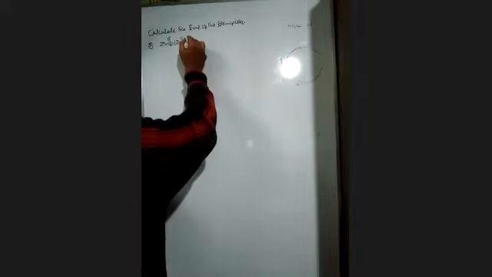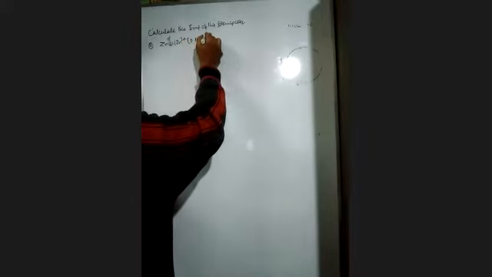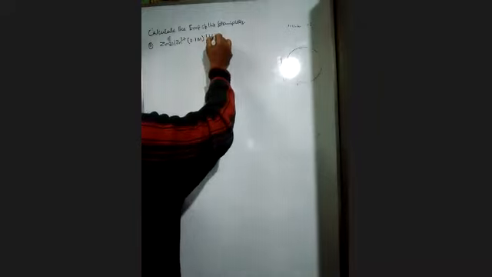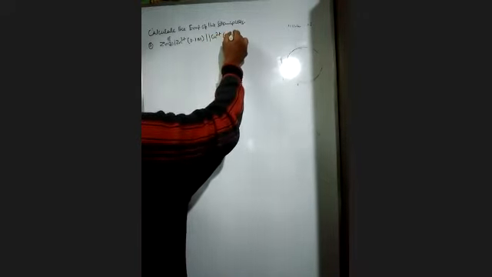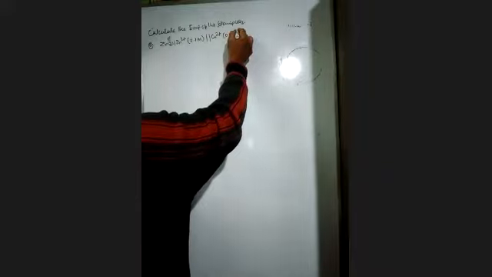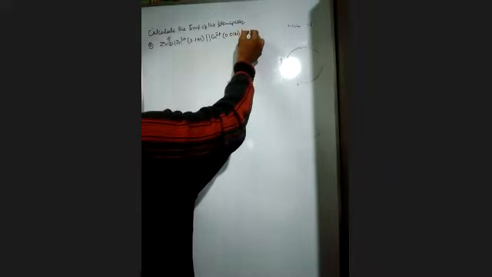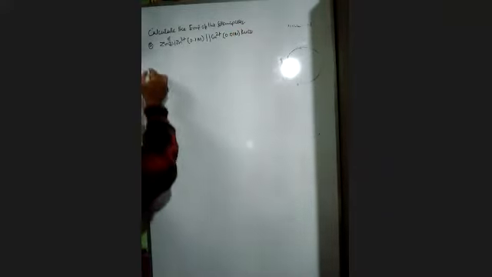I'll write here 1: Zn(s) | Zn2+ 0.1 molar || Cu2+ 0.01 molar | Cu. This is 1.